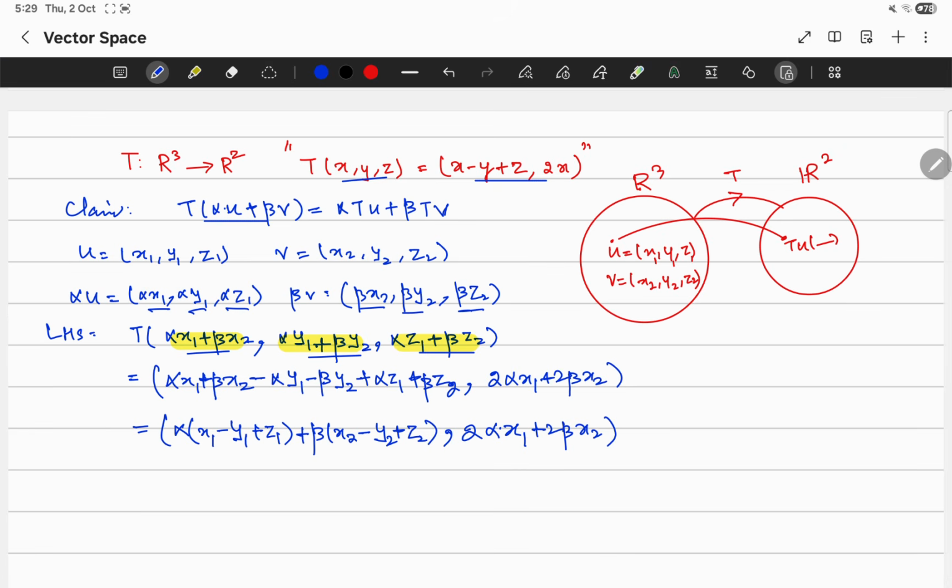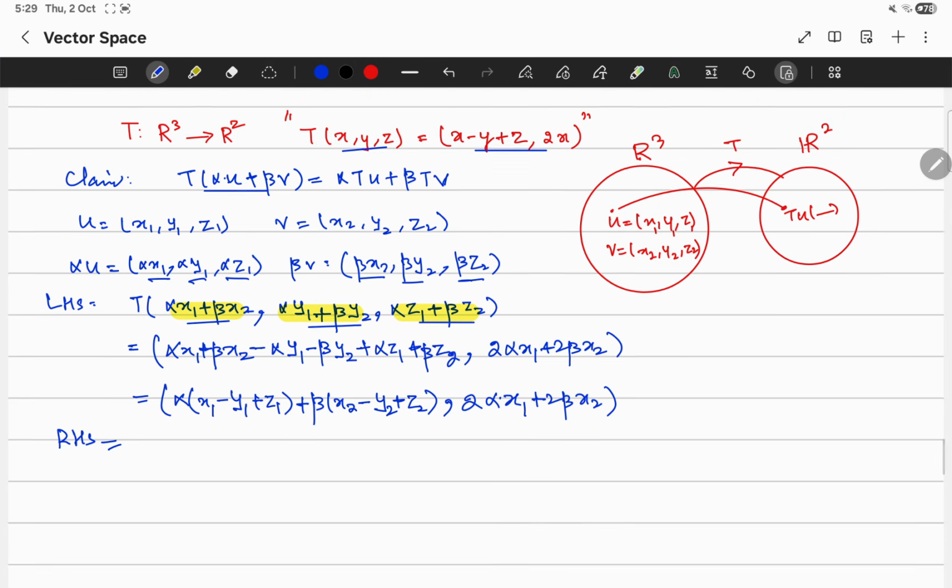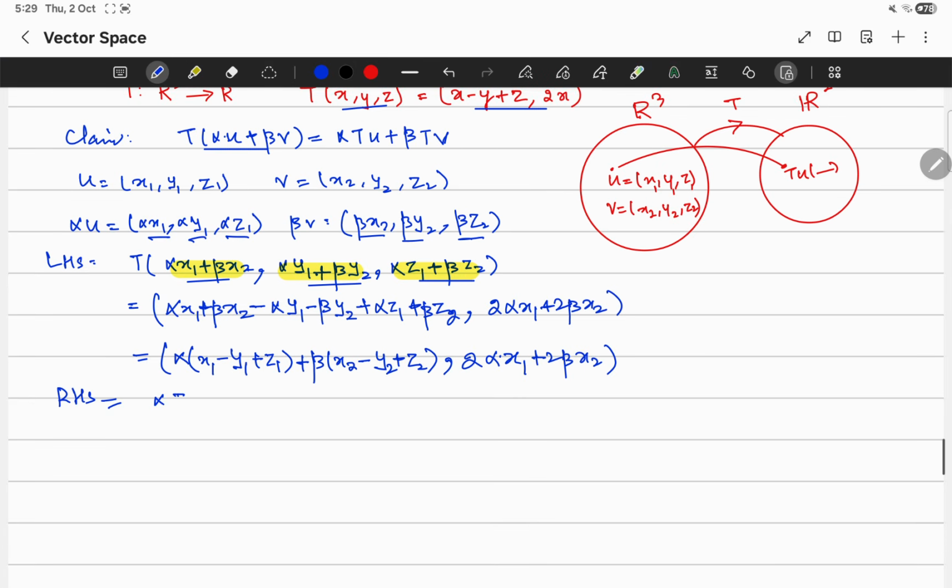Now going to the RHS. So what is your RHS here? You have to show alpha T of u plus beta T of v. So alpha T of u, where u is (x1, y1, z1), plus beta T of v, where v is (x2, y2, z2).